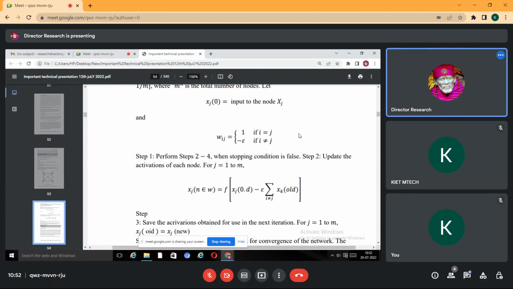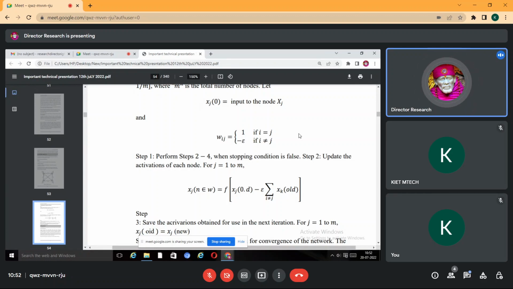Step 1: perform steps 2 to 4 when the stopping condition is false. Step 2: update the activations of each node for j equal to 1 to n: xj(new) = f[xj(old) minus epsilon times the sum of xk(old), for k not equal to j].